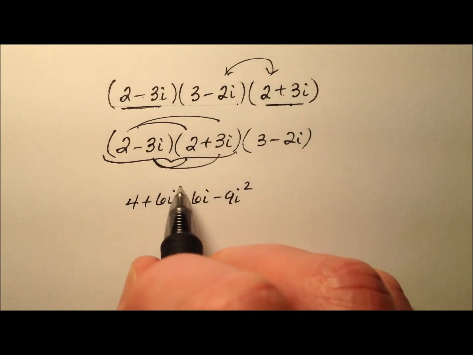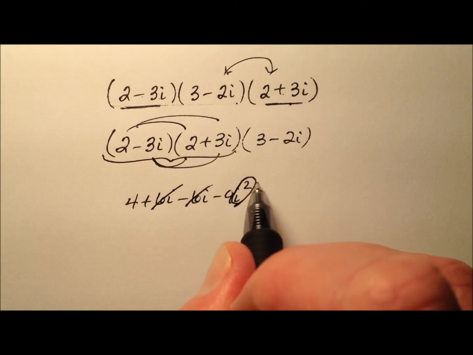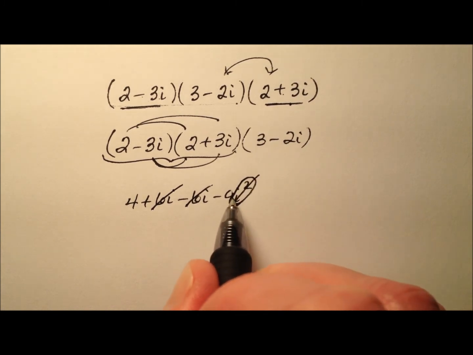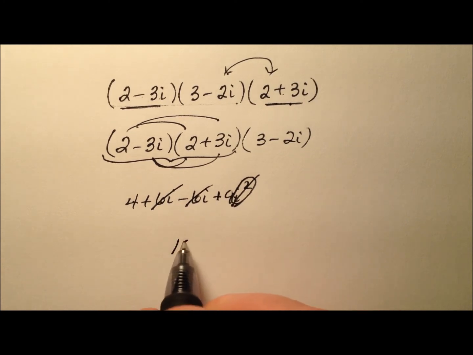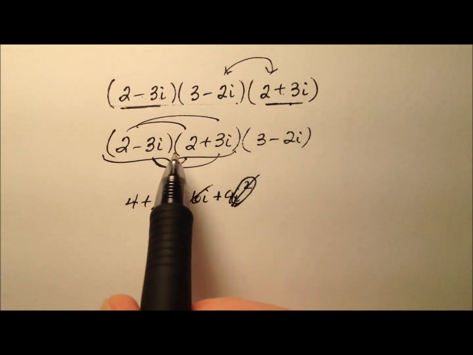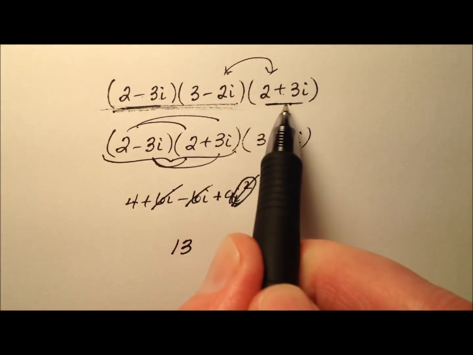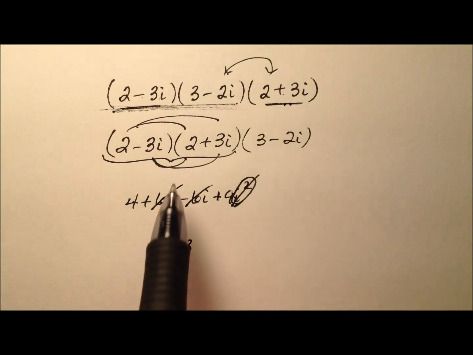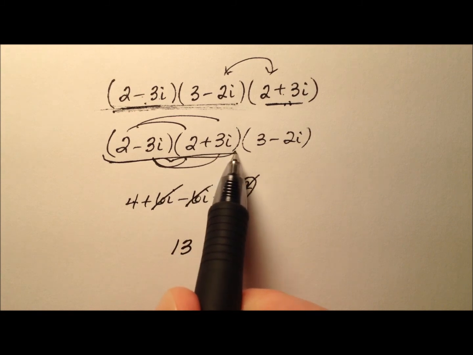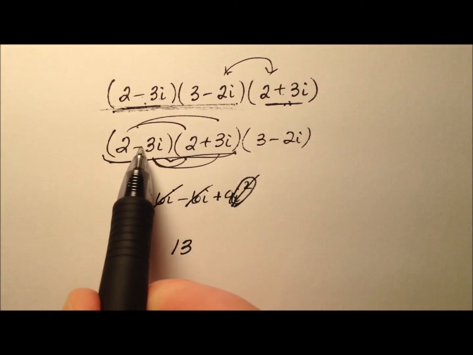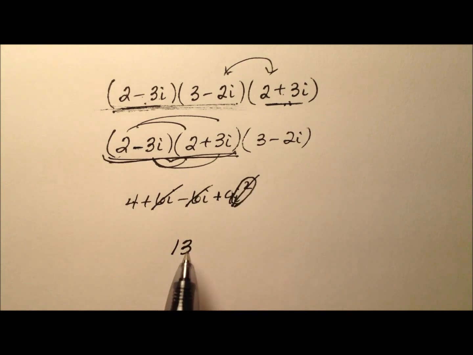So two things here. The 6i's cancel, which is really nice. And my i squared is negative 1, so it will change this 9 from a negative to a positive. So 4 plus 9 is 13. So instead of multiplying the first two here and getting a complex number then to multiply by another complex number, I noticed the relationship, I changed the order because I saw we had difference of squares or complex conjugates, and when I multiplied those I actually got a real number.